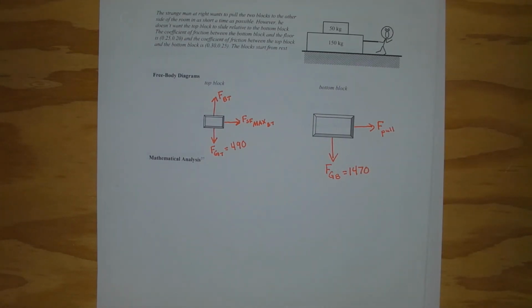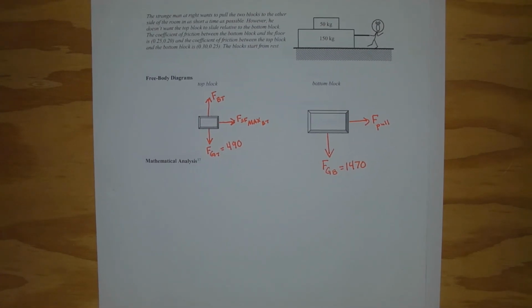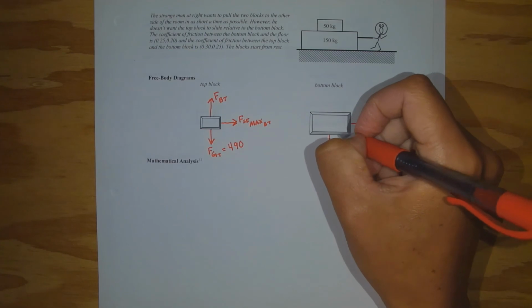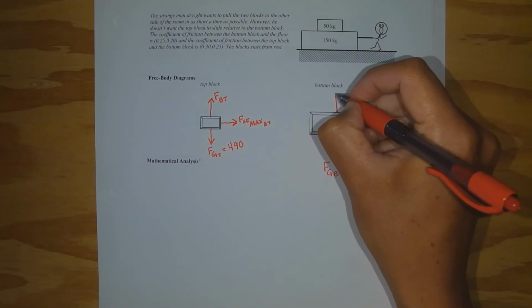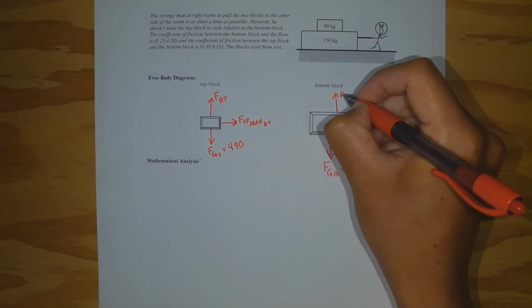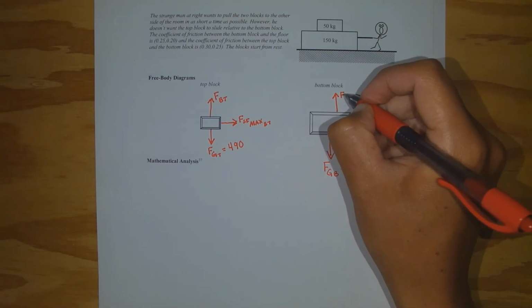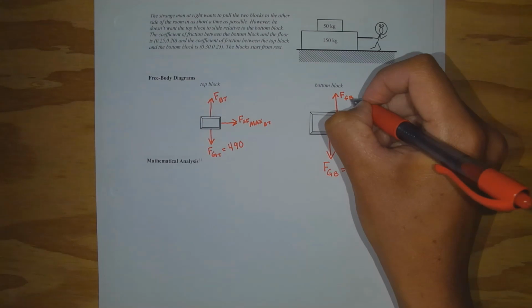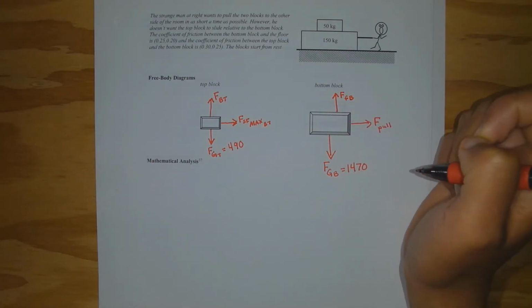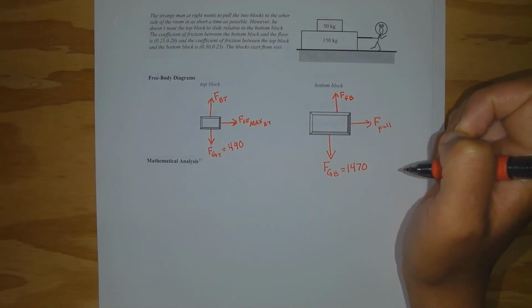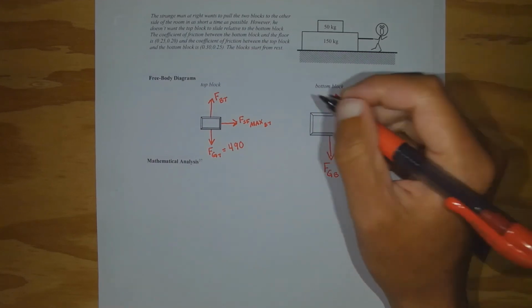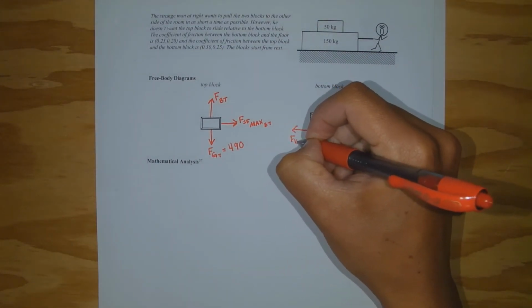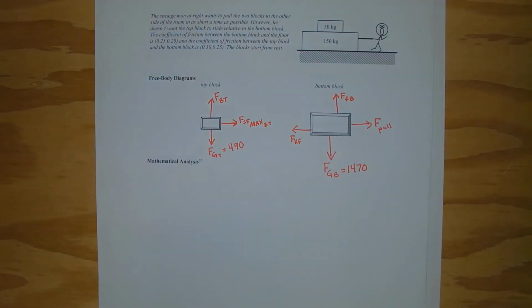So let's call that F pull. That is horizontal. And we have the force that the floor exerts on the bottom block. This is a normal force. It's perpendicular to the surface of contact. I'll just call it the force that the floor exerts on the bottom block. And because the bottom block is sliding on the floor, we have a force of kinetic friction acting to the left.